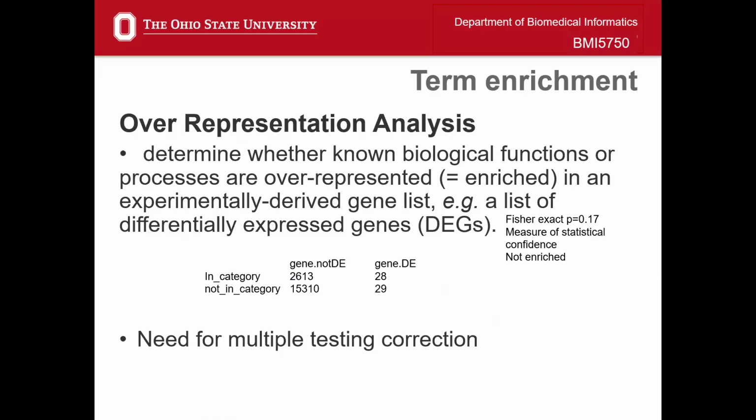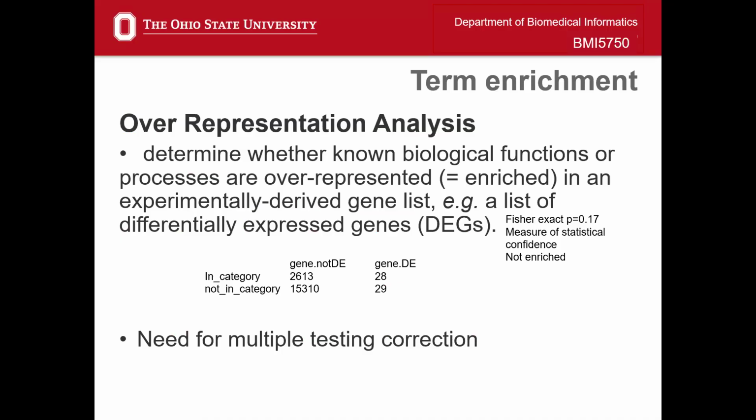This is an overrepresentation analysis. We're asking, is our biological category more represented in our differentially expressed gene list than we might expect by chance? And we do this simply by counting. We take our list of differentially expressed genes.